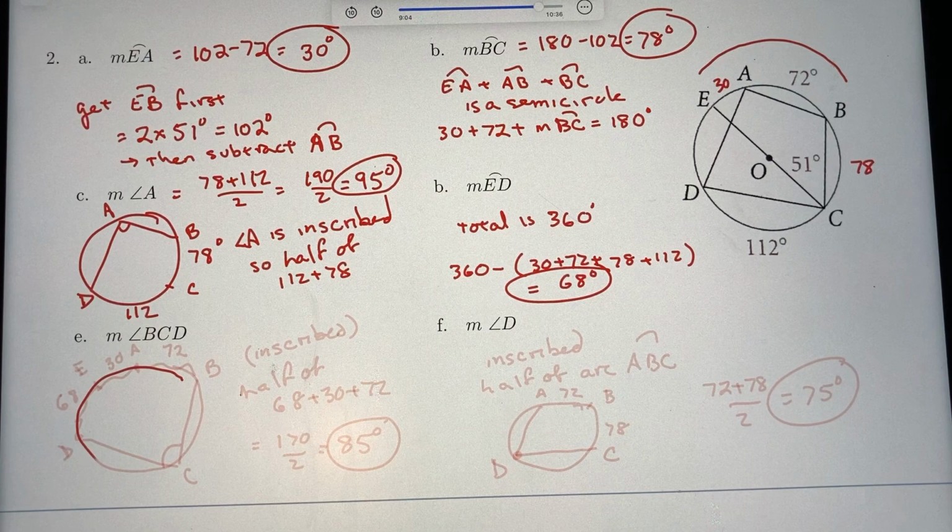So angle BCD is an inscribed angle. And how much is this arc? Well, let's see.